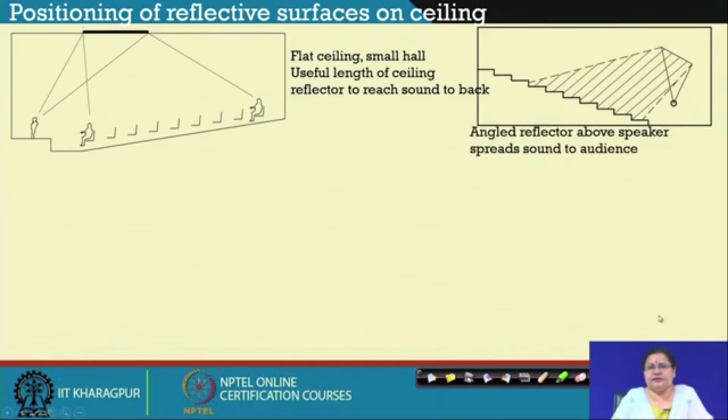But if it is a bigger size hall, we can add or hang reflectors in an angular fashion, so that it throws the first reflected sound to a further distance, to the maximum distance it can possibly do.